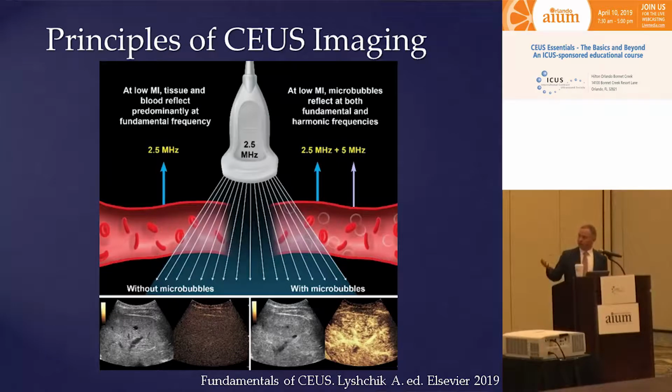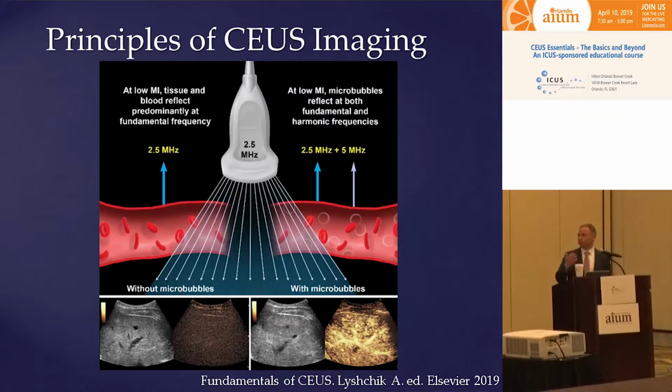So what you end up with when you scan patients at very, very low MI without microbubbles, if you insonate tissues with, let's say, a 2.5 megahertz transducer, you get a 2.5 megahertz signal back to you. With microbubbles on board, because of this harmonic frequency, you get 2 signals back: 2.5 and 5 megahertz.